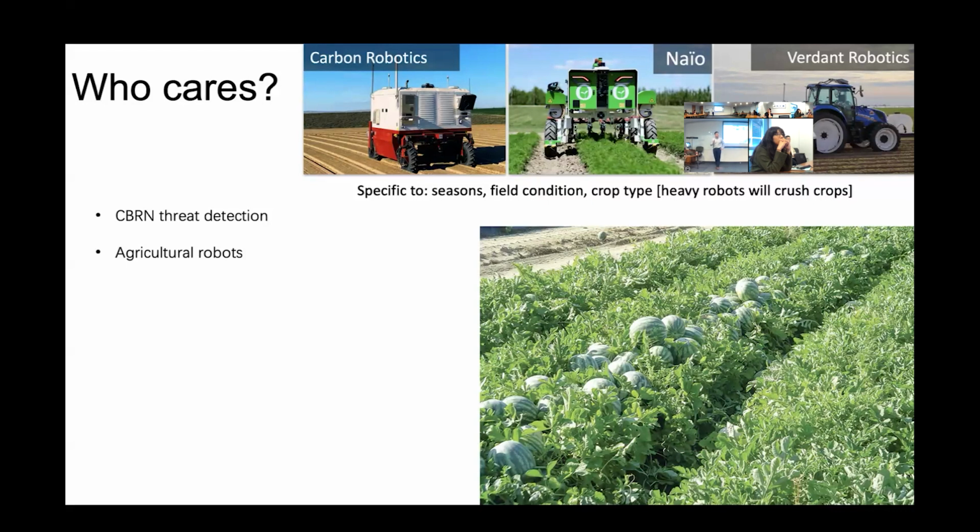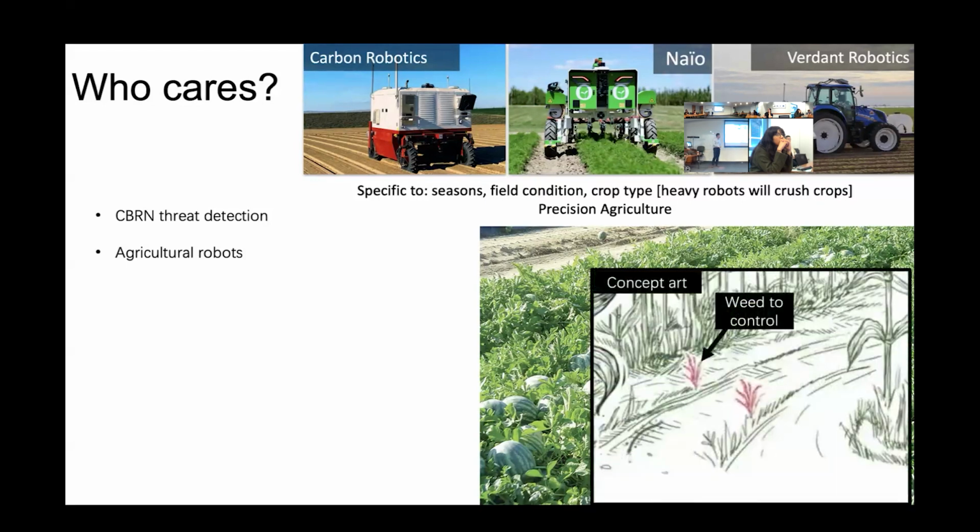And despite how efficient those robots are, there is still a need for precision agriculture. That means we want to inspect each of those crops for weed removal or for disease detection. Here's a concept map. But to do that, we still need our robot to go in around those crops, this farmland.